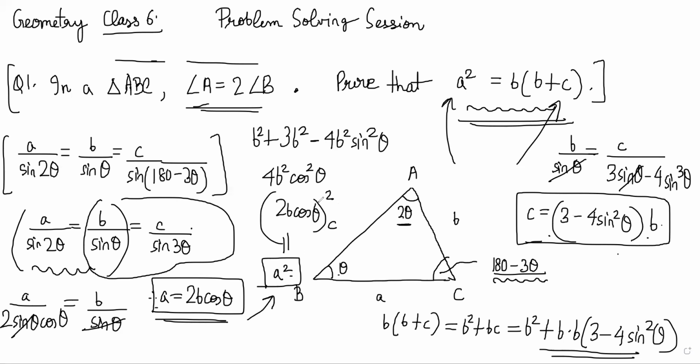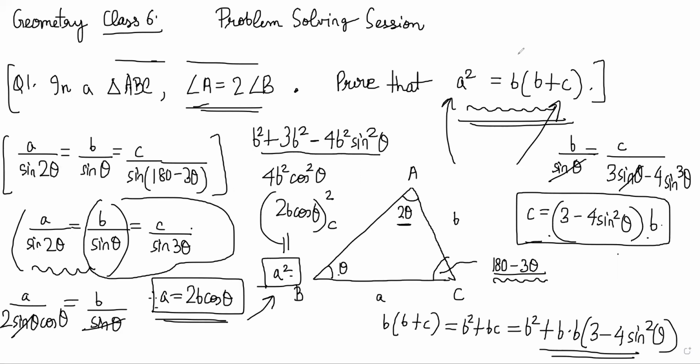You took b square common, right? I took 4b square common here. So it is becoming 4b square cos square, right? Yes.